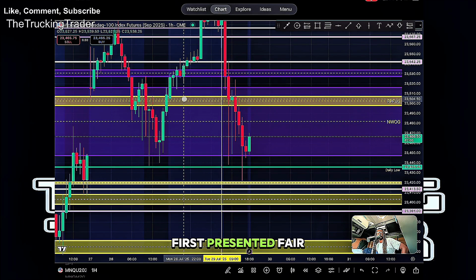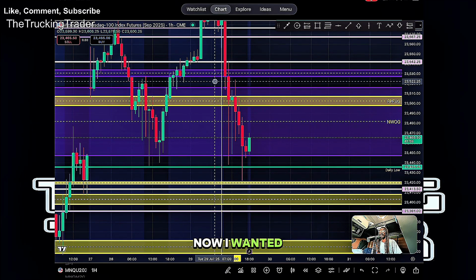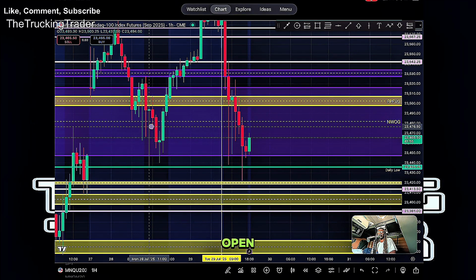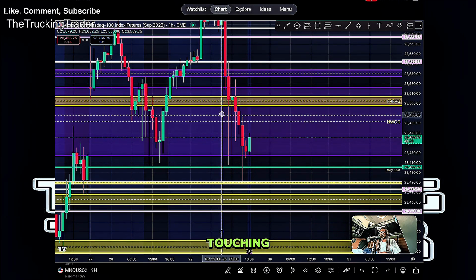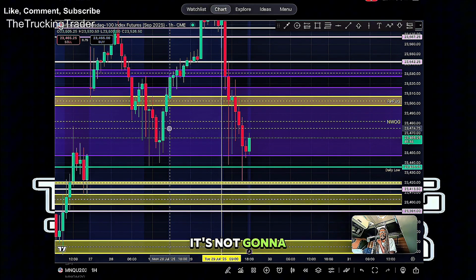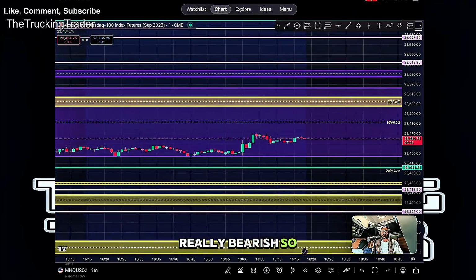It was a first presented fair value gap attached to this 1 hour gap. Then I was looking at this gap as well. Now I wanted these gaps to be more like breakaway gaps, either leave it open. But once price came down in here and it started touching, I kind of started to figure, okay, it's not going to leave it open. So price is starting to look really bearish, right? Really bearish.